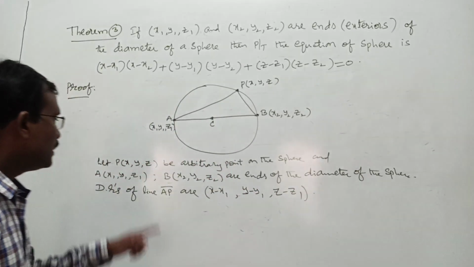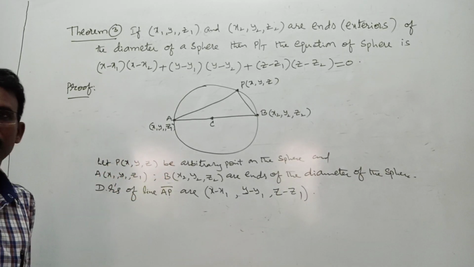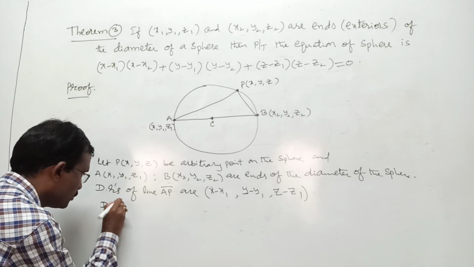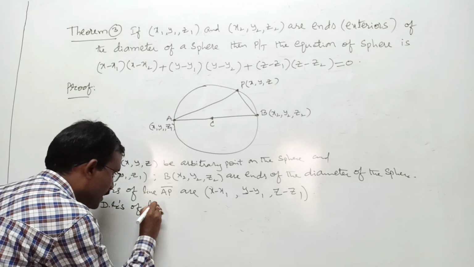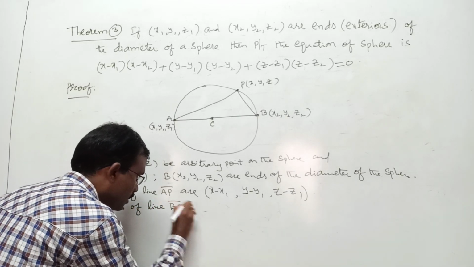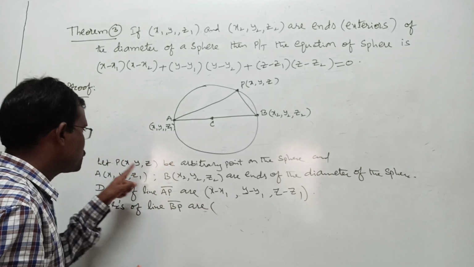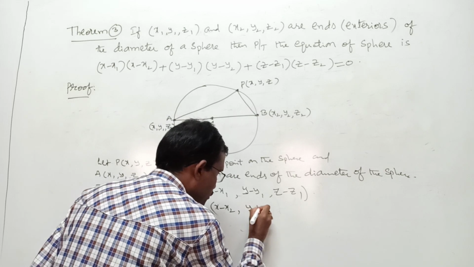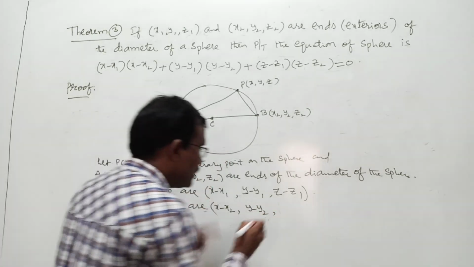In the similar way, let us define direction ratios of line BP also. Direction ratios of line BP are x minus x2, y minus y2, z minus z2.